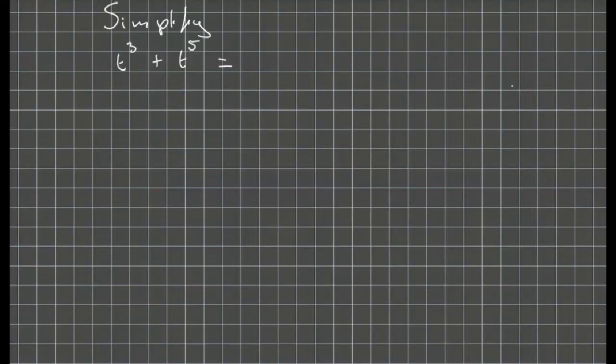I can't really write it down any different because these and these are not like terms. So the only thing I can do is just write down what's actually already there. I can't add those together.